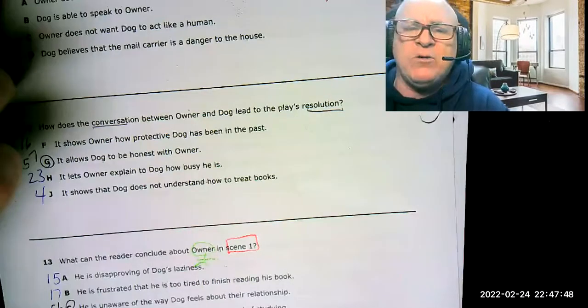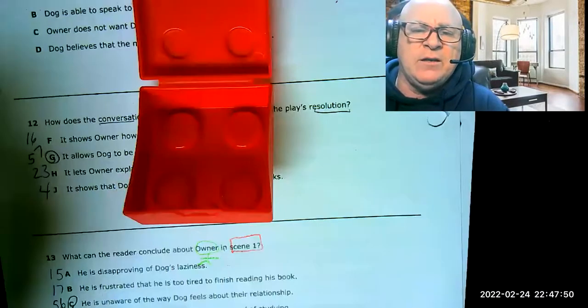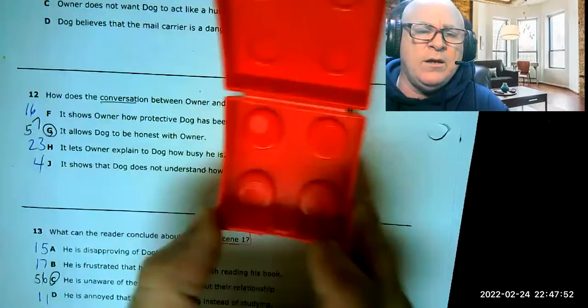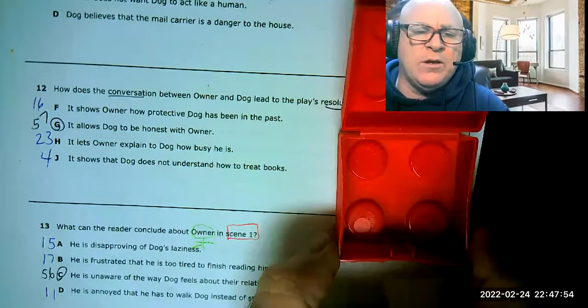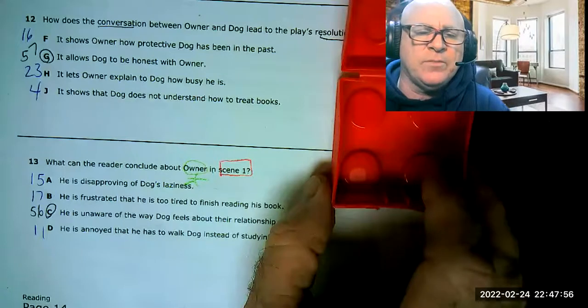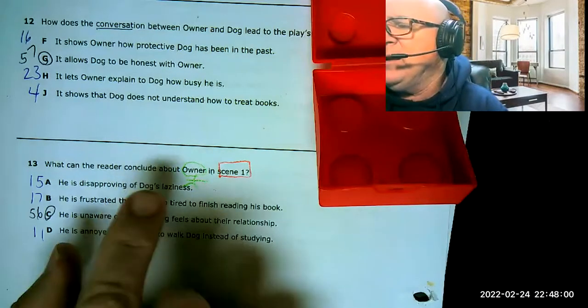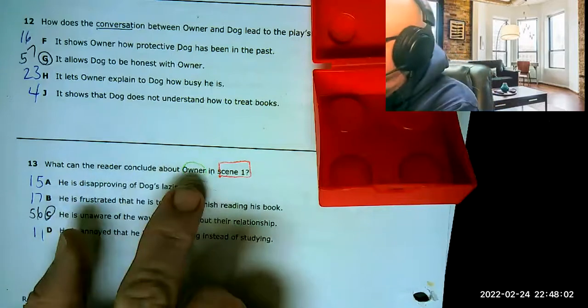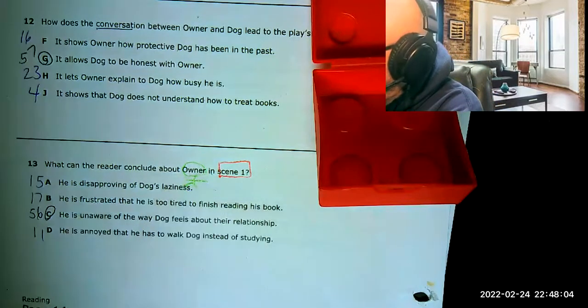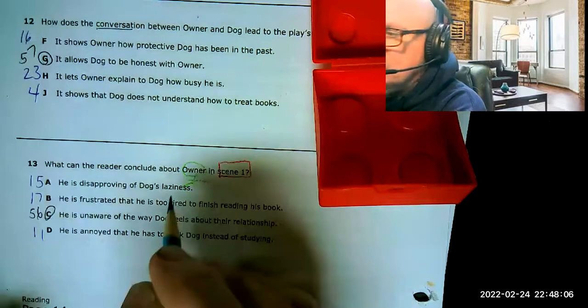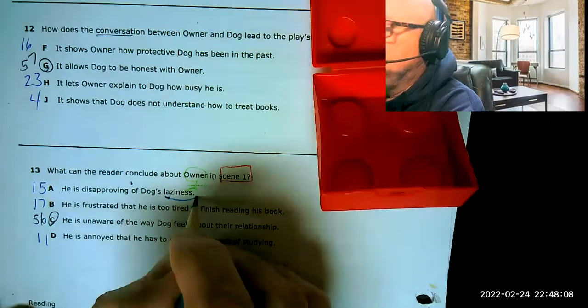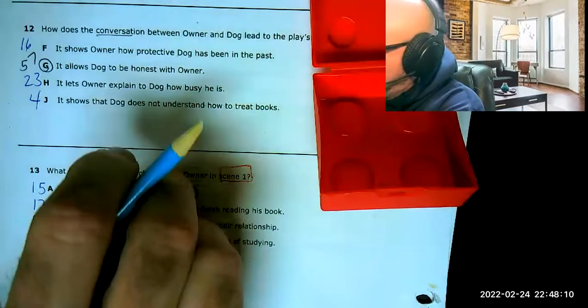So if we can figure out just from reading scene 1 what we can conclude about the owner, is the dog lazy? All right, I'm going to circle that because, oh, I broke my pencil. Got another blue one handy. Opinion.